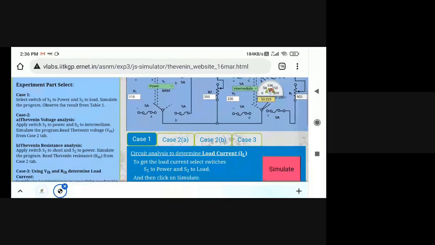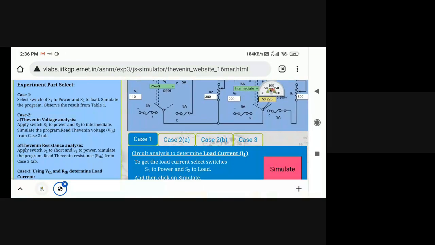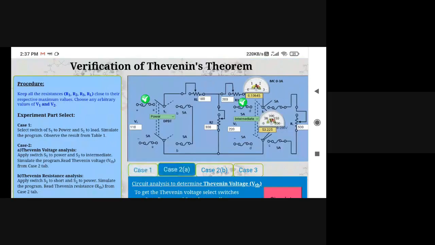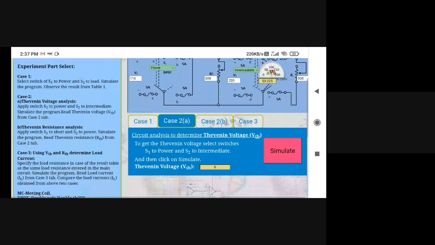Switch 2 in intermediate means the load resistance is removed now, and across that point we are measuring Thevenin's voltage. Both sources are in power: the 220 volt source is in power, the 110 volt source is also in power, and the load resistance is temporarily removed. So you will get the value VTH as 82.5 volts.